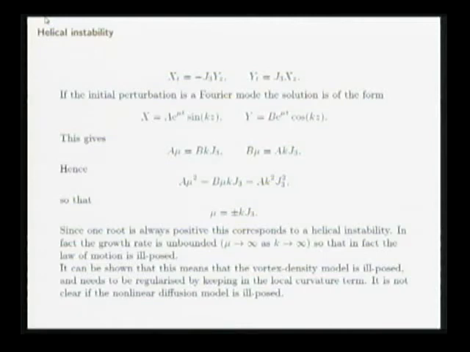J3 is the component of the current which is along the line of the vortex. So if there's any current in the tangent direction, then you get this instability. And in fact, it's worse than instability. It means the law that I wrote down is actually ill-posed, because the growth rate tends to infinity as k goes to infinity. So small wavelength modes grow arbitrarily quickly.